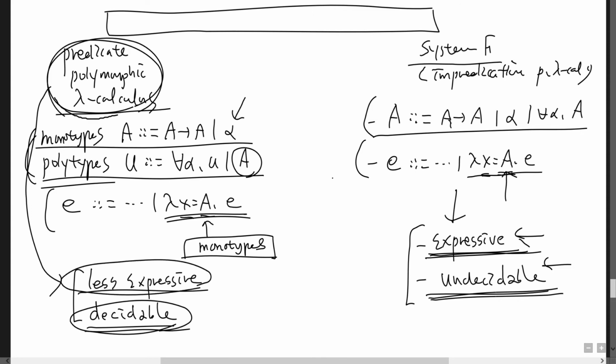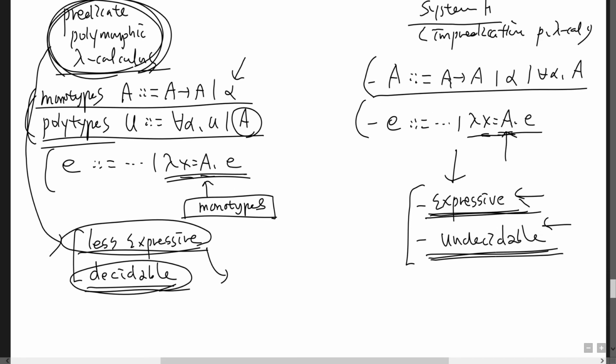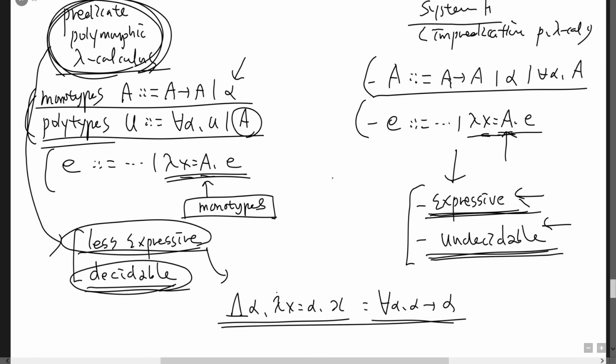So this predicative polymorphic lambda calculus allows us to define polymorphic expressions. So for instance, we can have this polymorphic identity function, capital lambda alpha, lambda x alpha, variable x. This has the type for all alpha, alpha arrow alpha, and it is a valid expression in predicative polymorphic lambda calculus. So this language allows us to create polymorphic expressions.